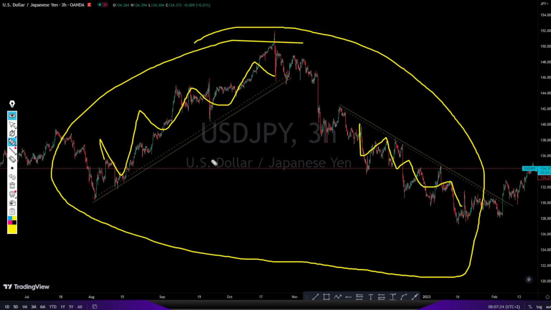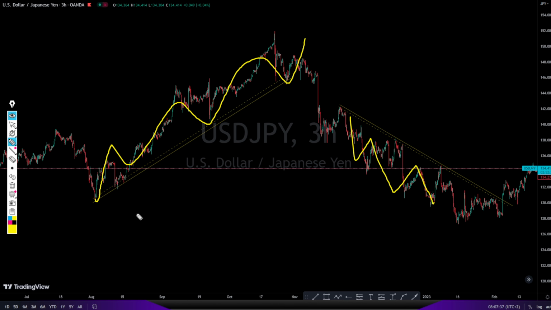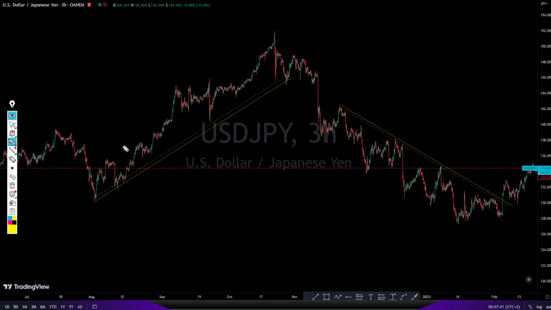Going on 15 minutes, 5 minutes, unless you're just scalping, that's something else. Because on a bigger time frame, let's say 4 hours or daily, you can easily see that the market is actually pushing to the upside or pushing to the downside.